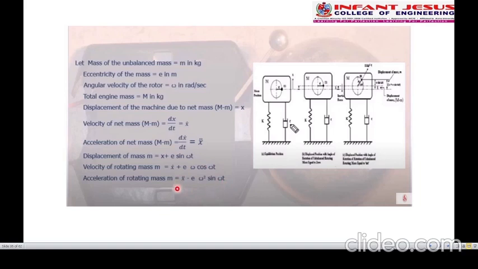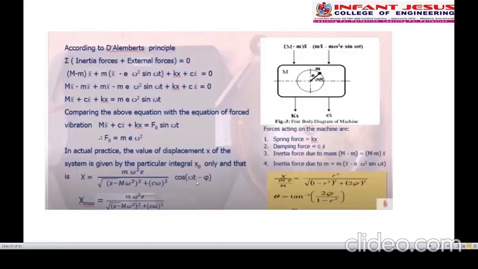So this is the acceleration of the mass. Multiplying m inside, we get m x double dot minus m omega square e sin omega t. So we have written all the forces.